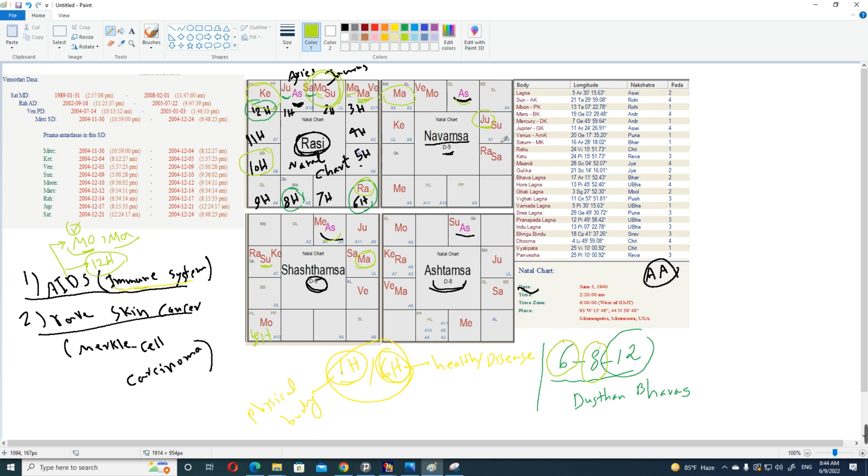If you find the aspects of Jupiter in Vedic, you start from Jupiter itself, you move clockwise, 1, 2, 3, 4, 5. This is the house. 6, 7, 8, 9. Then Jupiter is aspecting these three houses.